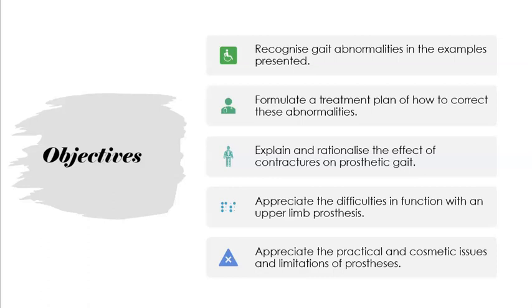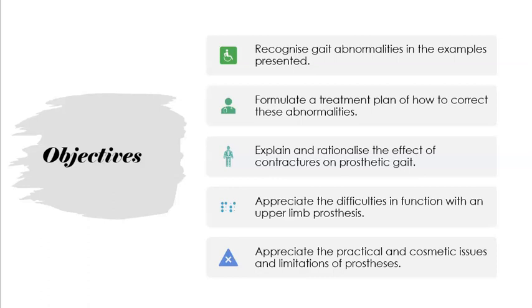So our objectives: we want to recognize gait abnormalities in the 4 examples that will be presented. We want to formulate a treatment plan of how to correct these abnormalities. Remember, some of them will be motor skills, some of them will be physical skills.